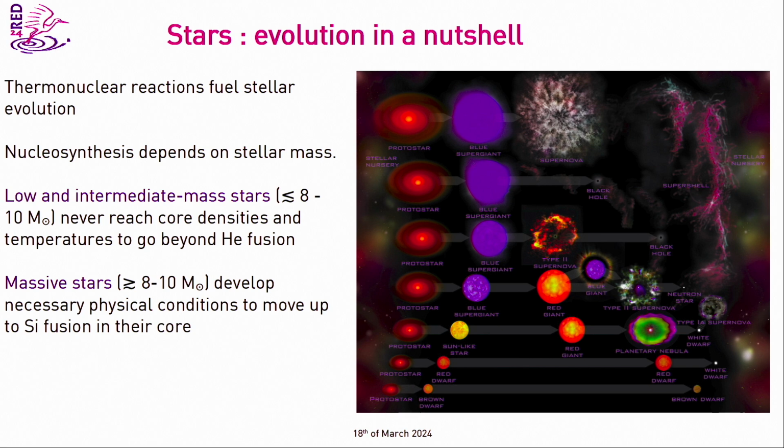But the matter you give back has been nuclearly processed, and so it's been enriched in metals. So this is how you form the metals in the cosmic evolution. The low mass stars never reach the core densities to go beyond helium fusion, and the massive stars go up through the entire series that we saw.